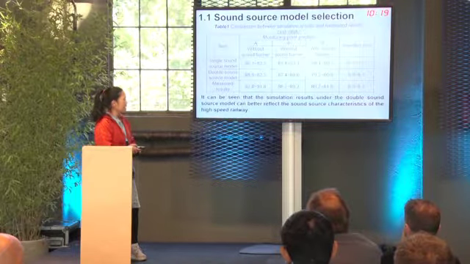It can be seen that the simulation results under the double sound source model can better reflect the sound source characteristics of the high-speed railway.